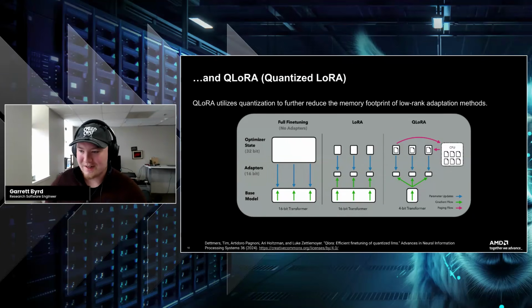LoRA, again, still uses 16-bit precision, but we reduce the footprint here, right? If we look in the middle, the footprint of our adapter layers is much smaller. And then this particular graphic with QLoRA indicates using 4-bit, which is where the quantization comes in. It's also demonstrating a paged attention mechanism with the CPU, but we're not necessarily worried about that part.